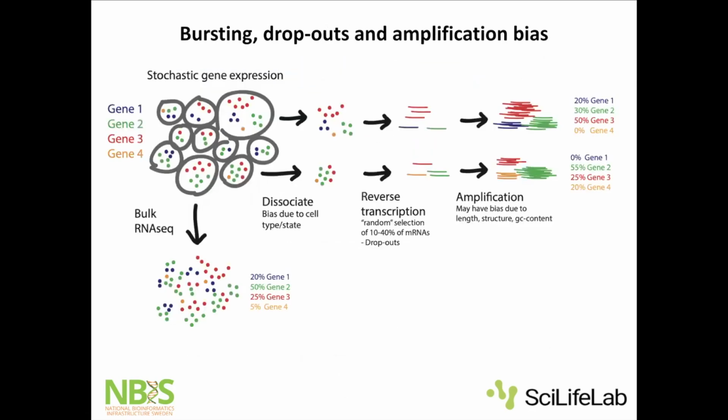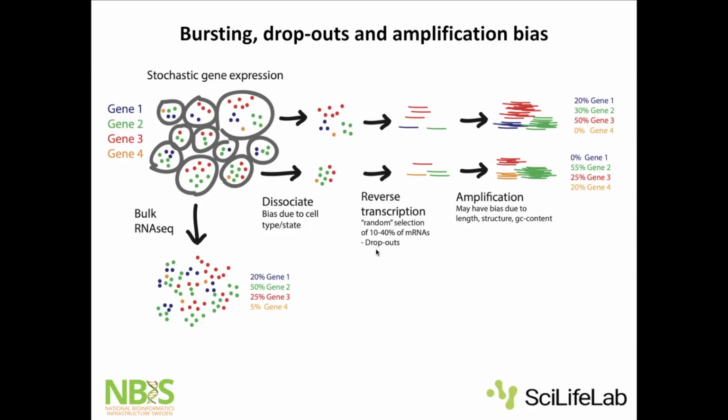So we have this issue with bursting, but then we also have an issue with dropouts. The step of reverse transcription, when we take the mRNAs and convert them to cDNA, will be a more or less random selection of these mRNAs.